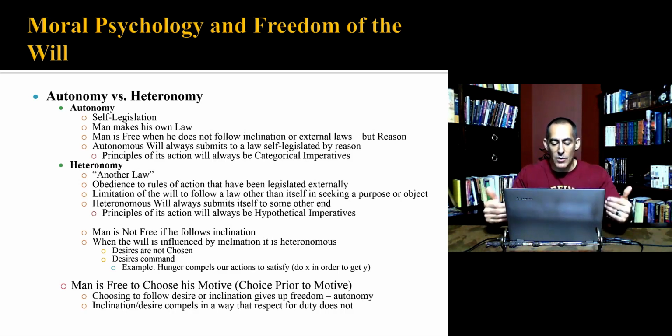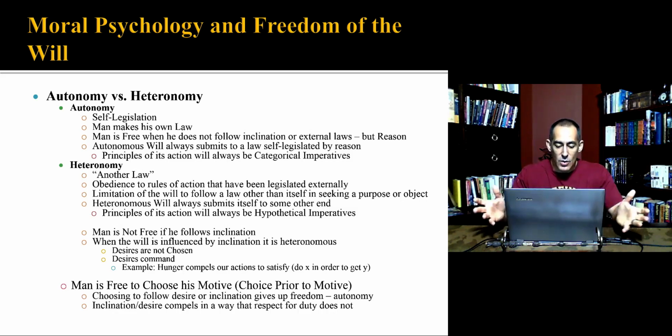But the autonomous will for Kant always is going to submit to a law that is self-legislated by the reason, all right? And that's a good thing. Now, heteronomy, which actually just means another law, is when we operate according to inclinations that we have, maybe according to character or to some kind of external legislation.